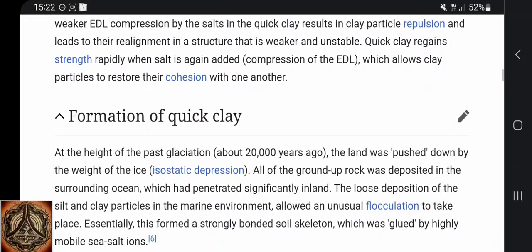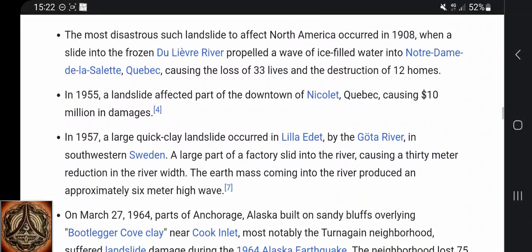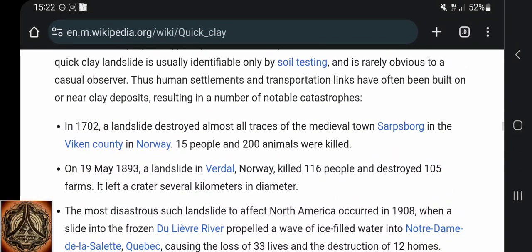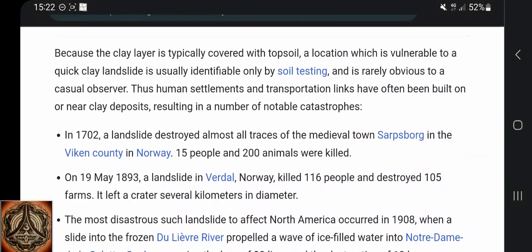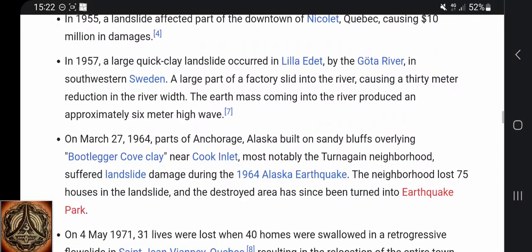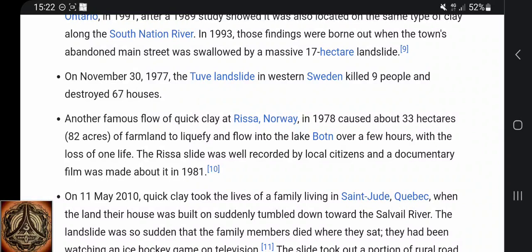Now let's go down. I want to show you the Rissa clay incident. And here we have a list. Sarpsborg, Verdal, Rissa.